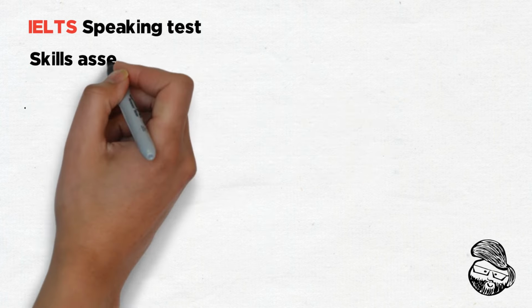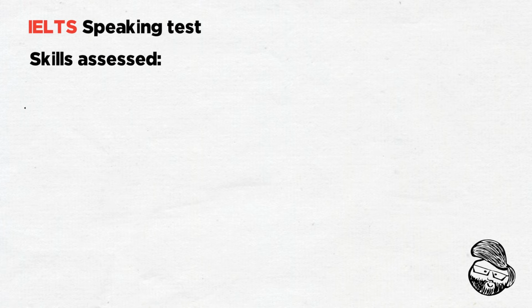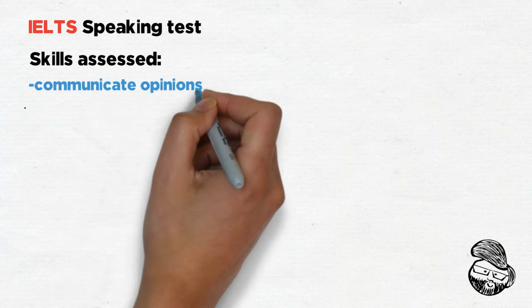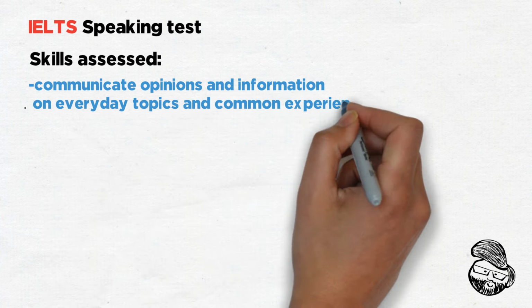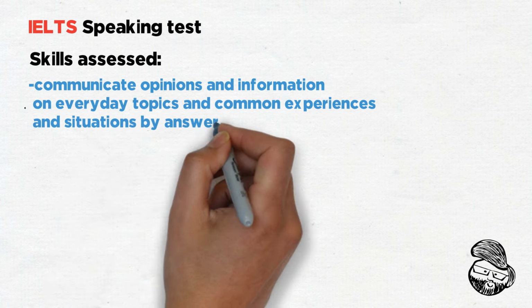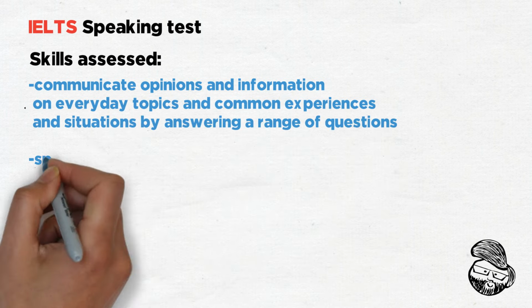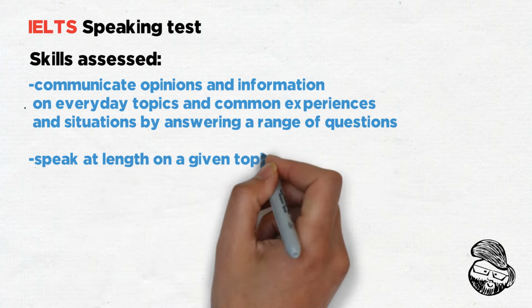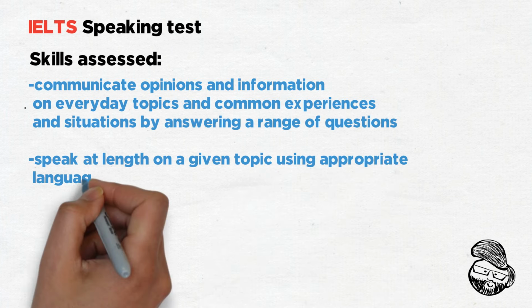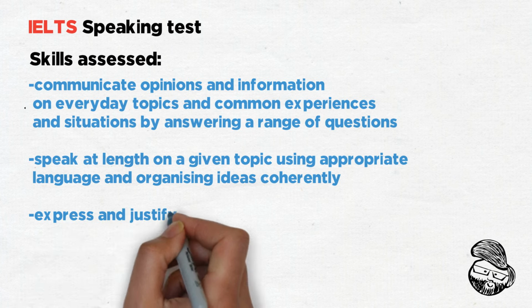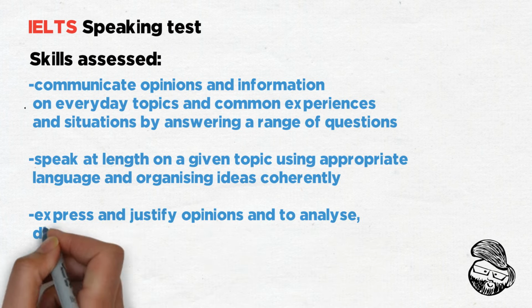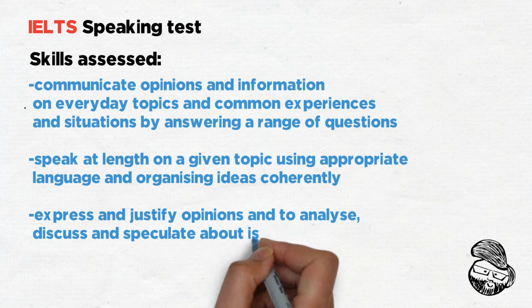This test assesses a wide range of speaking skills, including the ability to communicate opinions and information on everyday topics and common experiences and situations by answering a range of questions, the ability to speak at length on a given topic using appropriate language and organizing ideas coherently, the ability to express and justify opinions and to analyze, discuss, and speculate about issues.